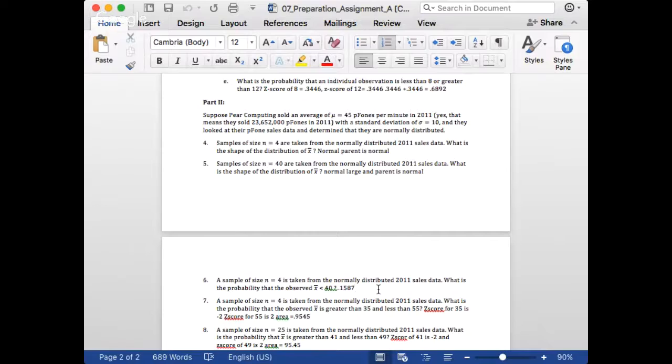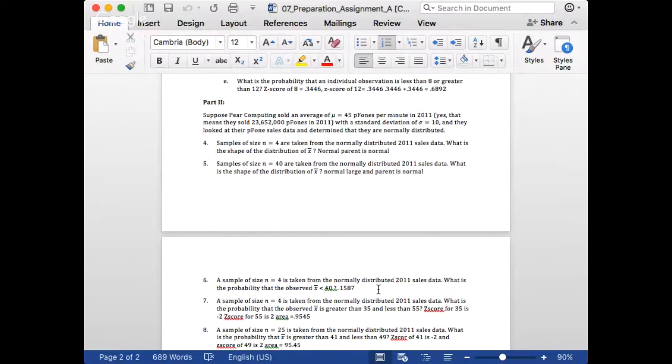So the x will be 40 minus 45, which is your difference from the average, and then you divide by your standard deviation, which the paragraph says is 10. Then you divide by the square root of 4, since it says sample size n equals 4.